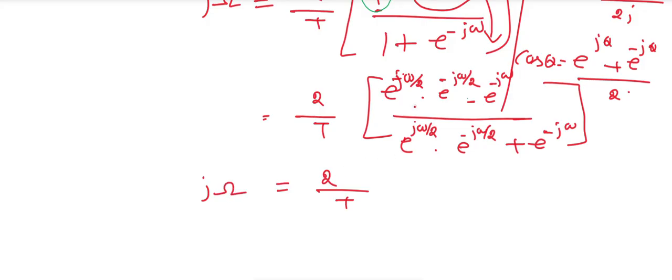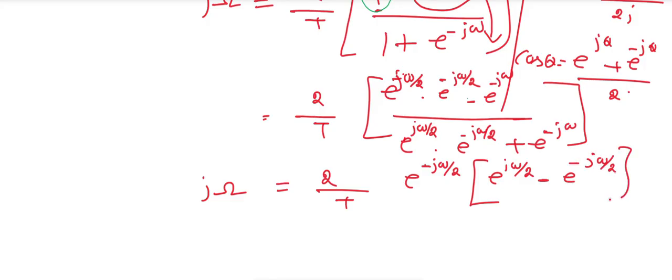Okay, so this term, you take e power minus j omega by 2 as a common term. Inside, e power j omega by 2 into e power j omega by 2 minus e power minus j omega by 2. So this will be e power j omega and e power minus j omega, it will be cancelled, the 2 will be cancelled, so only j omega will be there.